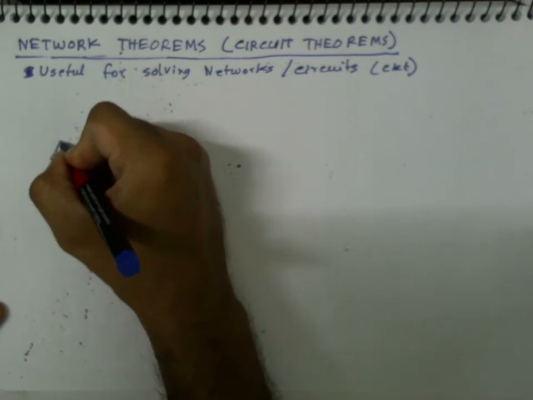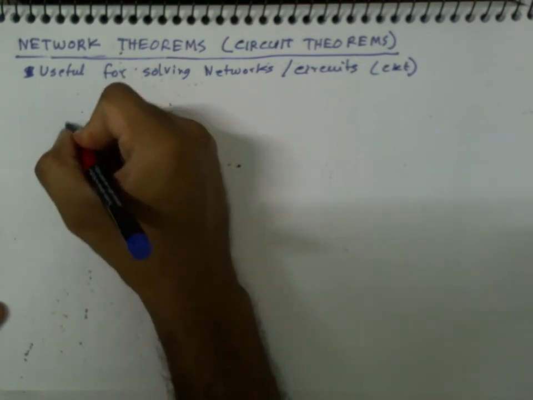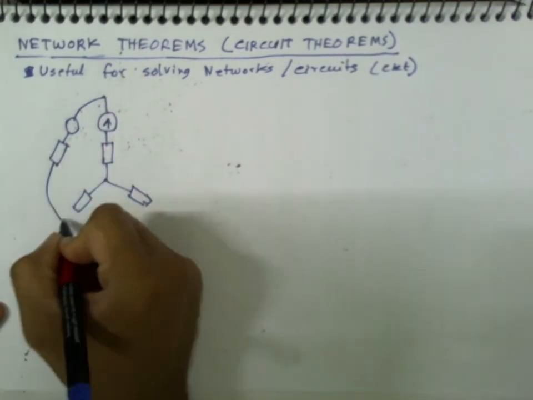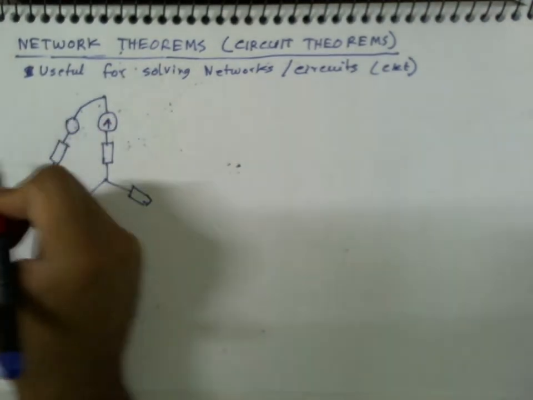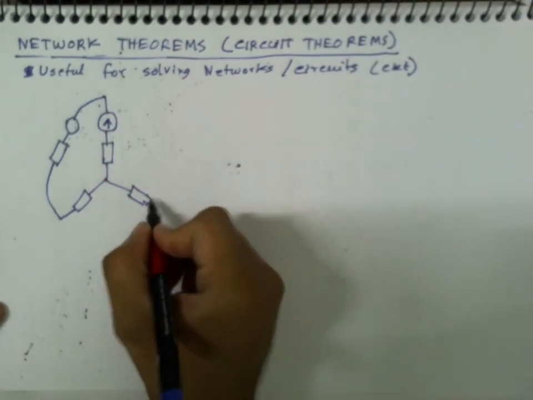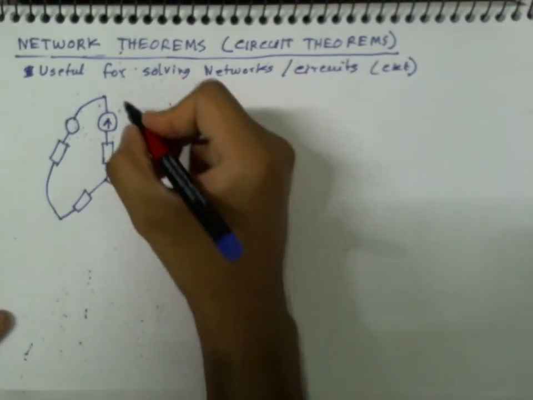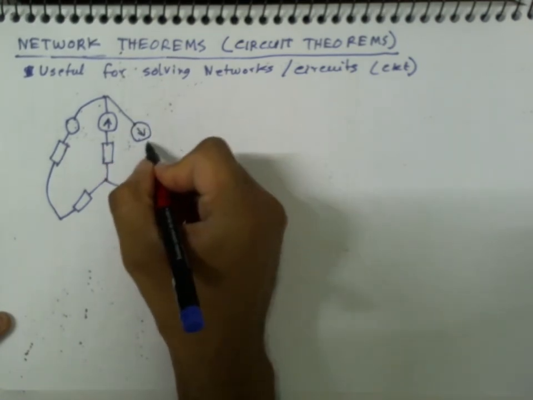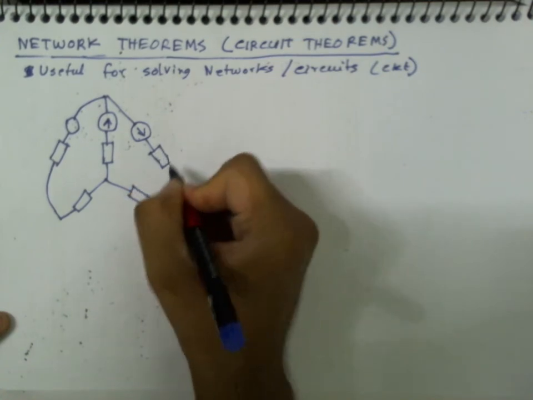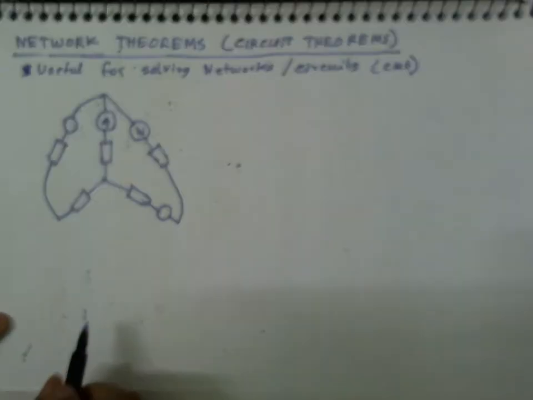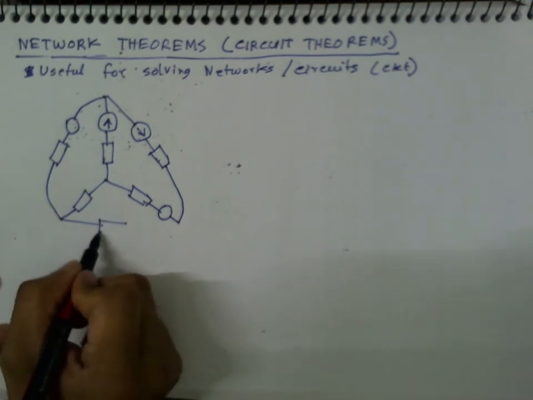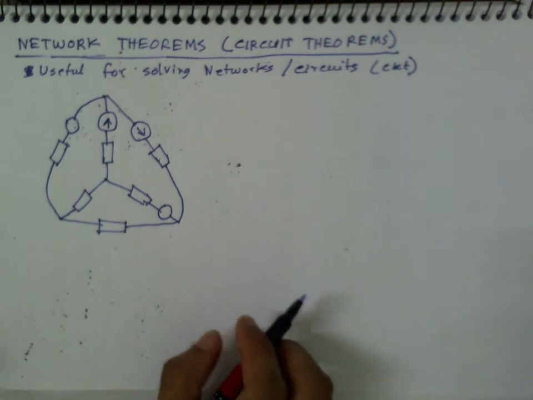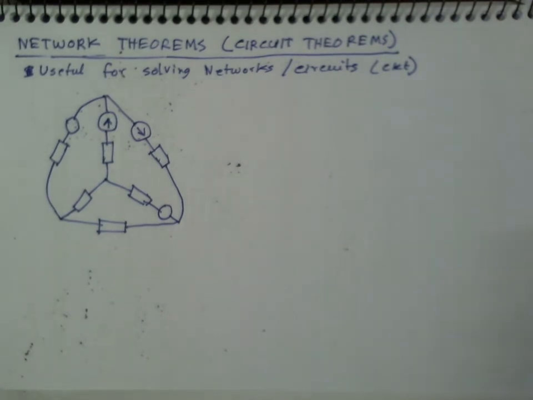Then a voltage source like this, and then maybe another voltage source, another current source, another impedance, and one more. I hope it's complicated enough to understand our theories.